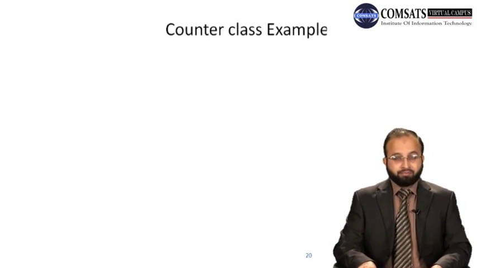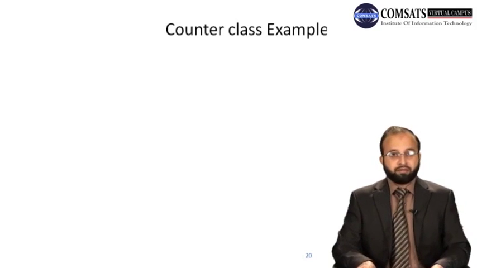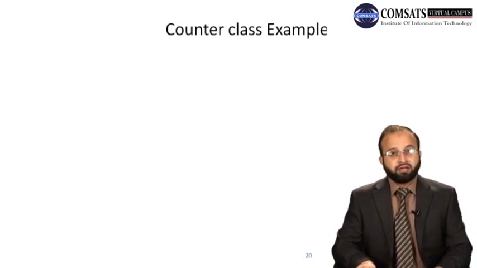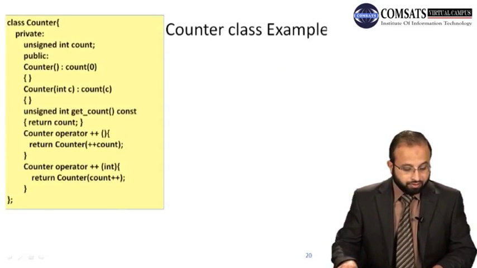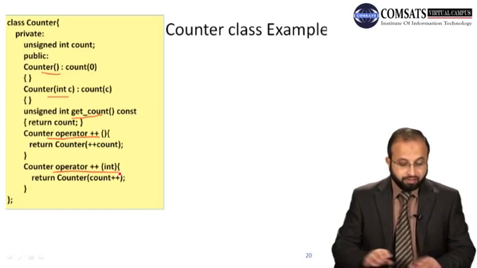So for that postfix expression we have to write a separate routine or separate function in the definition of the counter class. Now in the counter class you can see there is one new function. So this is a plain constructor, default constructor, constructor with one argument, this is the getter function, and then this is the pre-increment function, and then here is the post increment, right?